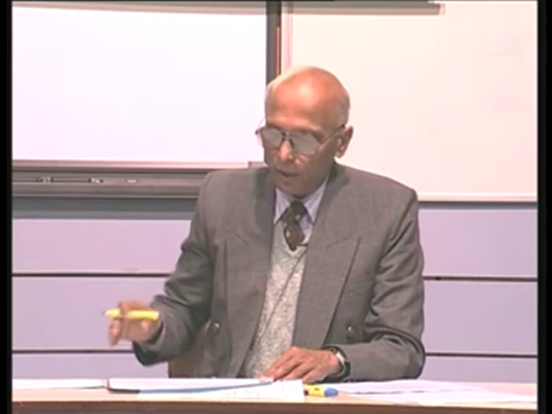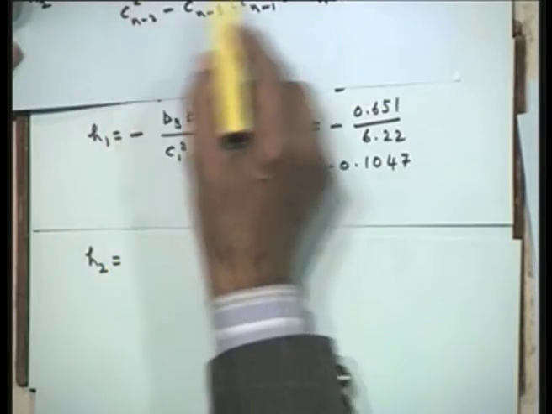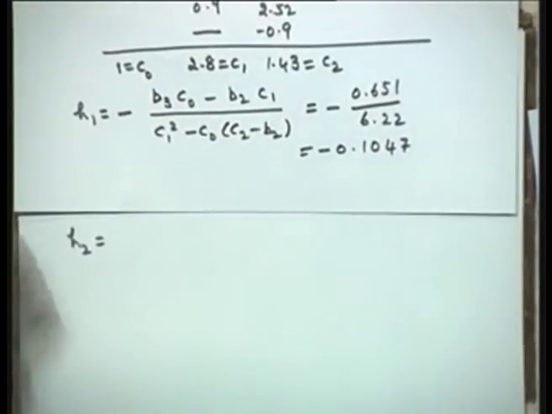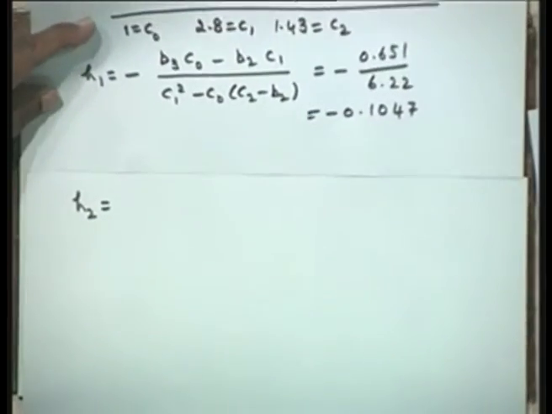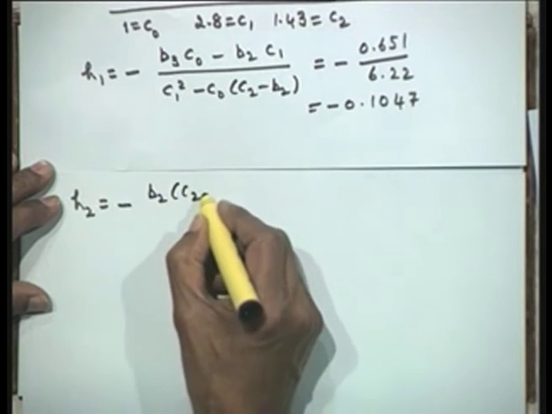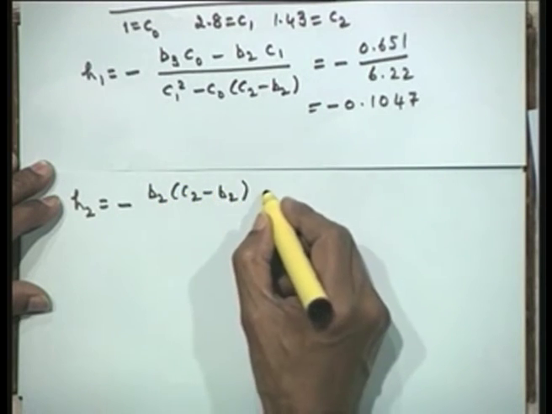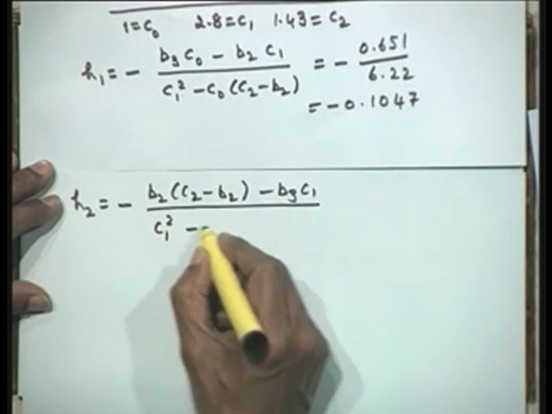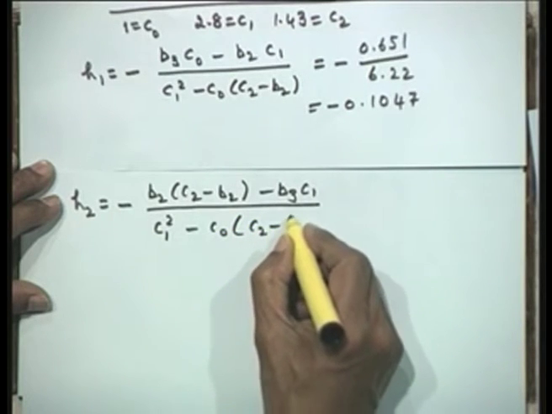Now, I would use the quantities for evaluating h2. For a moment, let me put this h2 over here. I am putting n equal to 3 in all these quantities and deriving this particular quantity. So, that quantity will be minus b2 into c2 minus b2 minus b3 c1, the denominator is the same, c1 square minus c0 into c2 minus b2.